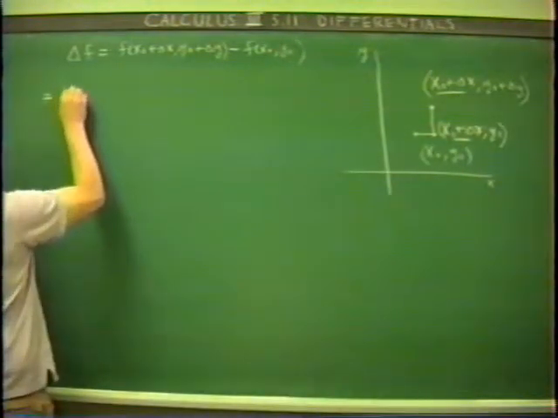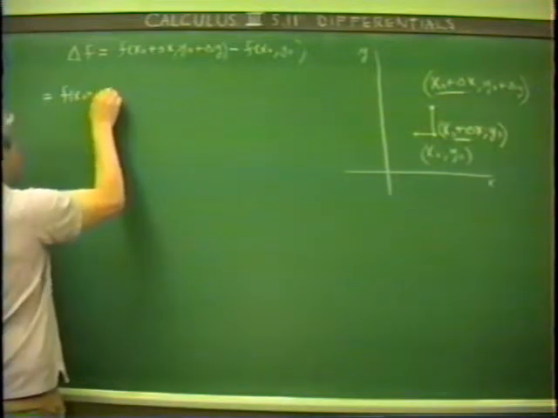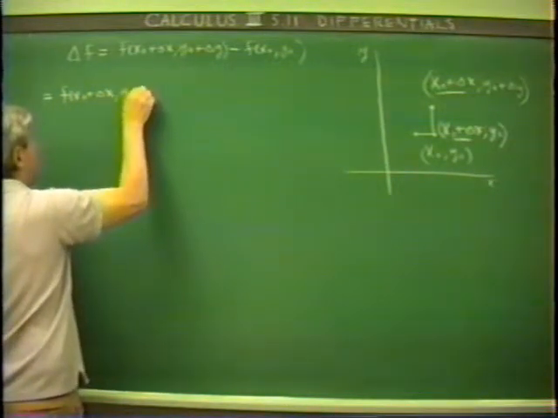What I want to do now is rewrite this as what I get if I subtract this point and then add it back on here.